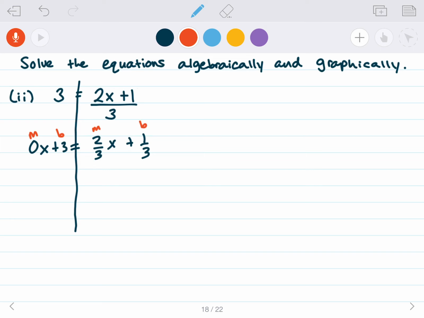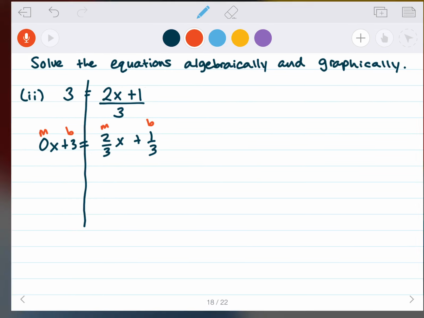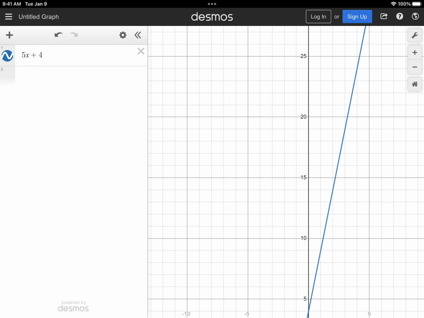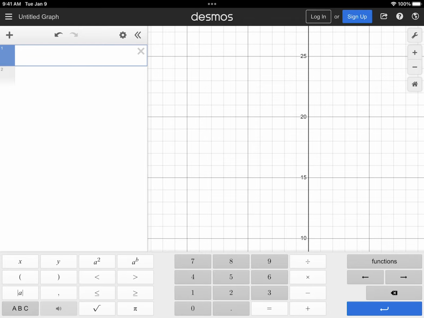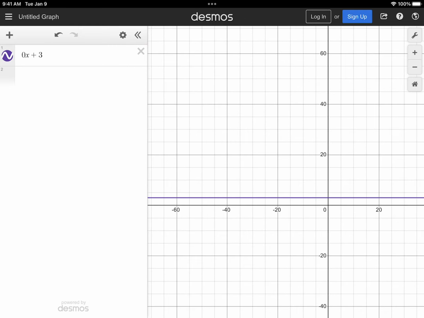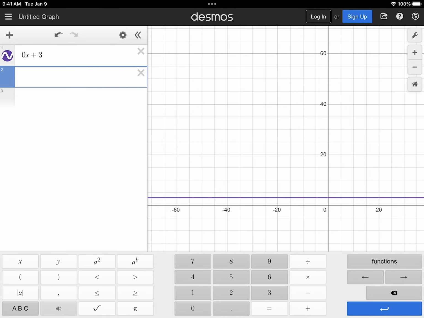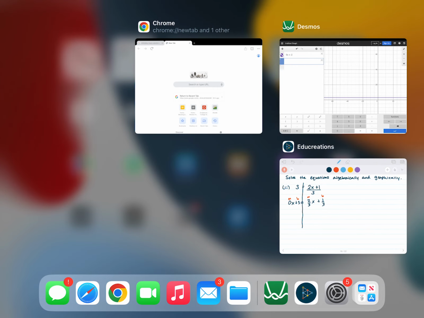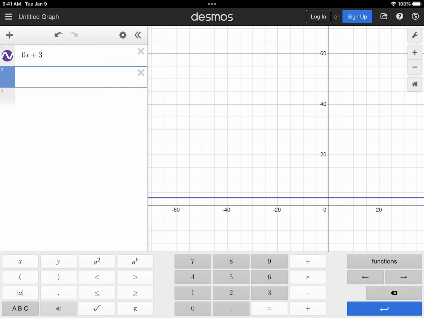So let's go ahead and look at this in Desmos. So 0x plus 3. And then the second one was 2/3 x plus 1/3.